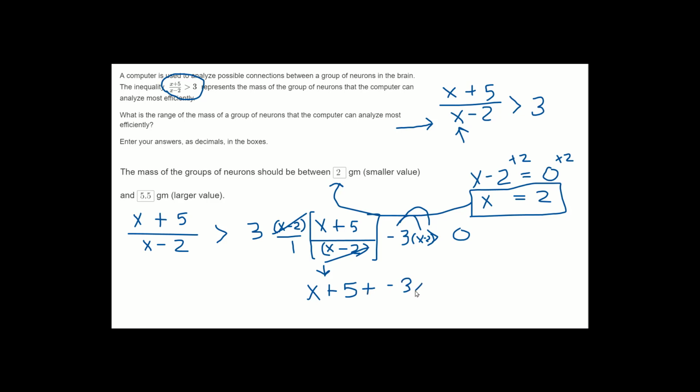You could write it as minus, but I like to keep my signs with my terms. And then negative 3 times a negative 2 is a positive 6, and that's going to be greater than 0. All right, now let's combine like terms, and we get 11 as our constant, and negative 3x plus 1x is a negative 2x.